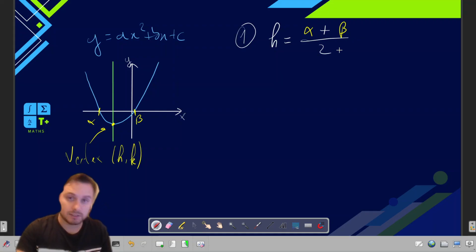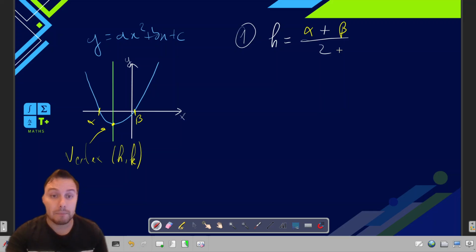Expressed in other terms, the value for h is going to be the average of my two roots. It's our first and easiest method if we know the roots. If our process were to find the roots of this function, then great. The next step, finding the vertex, will be quite straightforward.